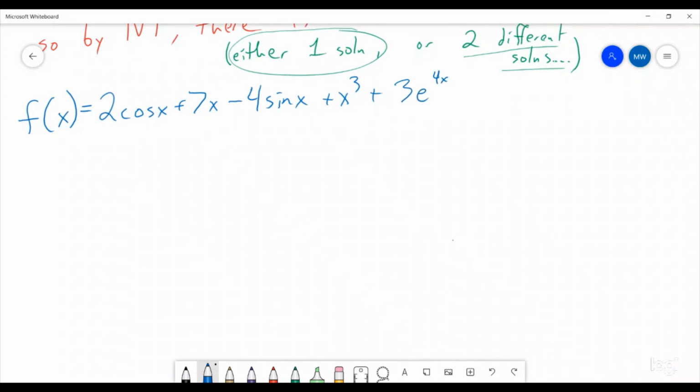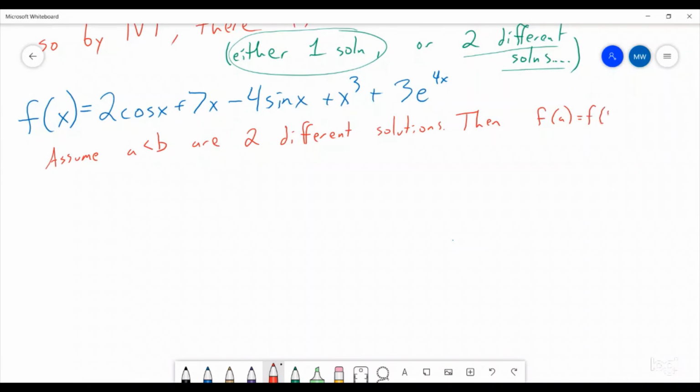Okay, so now we're going to assume there are two different solutions. So assume a less than b are two different solutions. We just need them to be different. I'm just going to say that a is the smaller one. Okay, then f of a equals f of b equals 0.